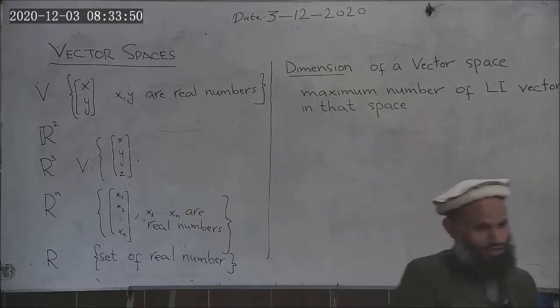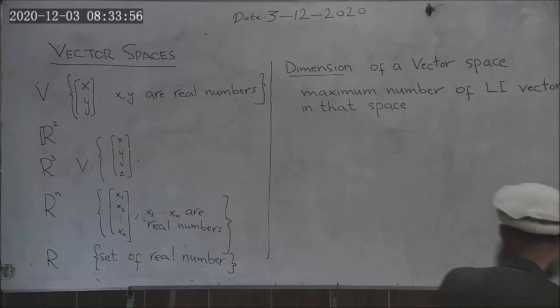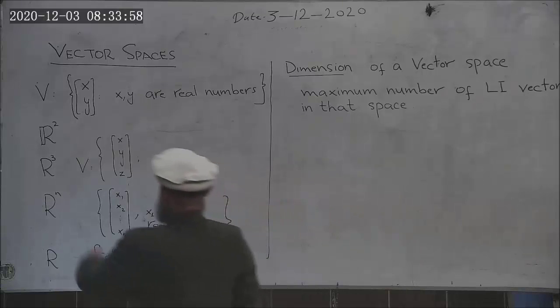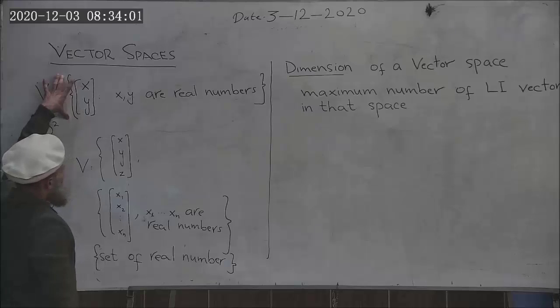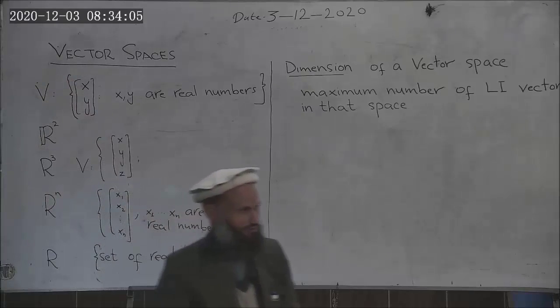Maximum number of linearly independent vectors in that space is called the dimension of that space. For example, if we talk about R2, how many linearly independent vectors are there in that space?